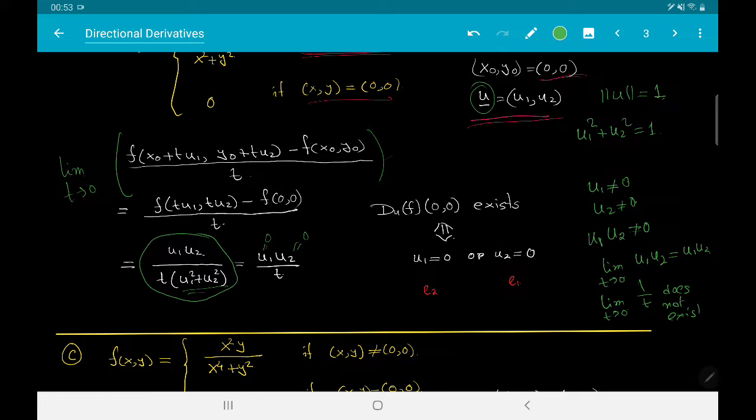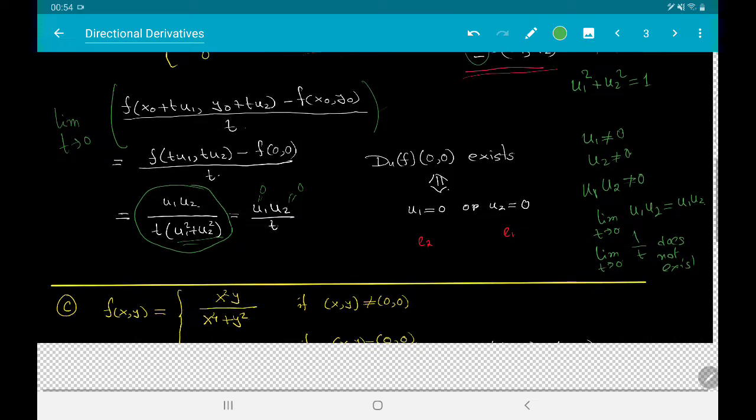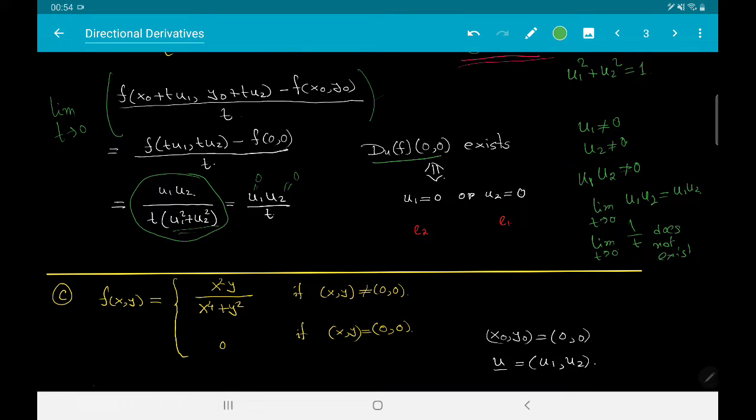So we must have that the numerator is equal to 0 in order for the limit to exist. So the directional derivative along the direction u at the point (0, 0) exists if either u1 is equal to 0 or u2 is equal to 0.